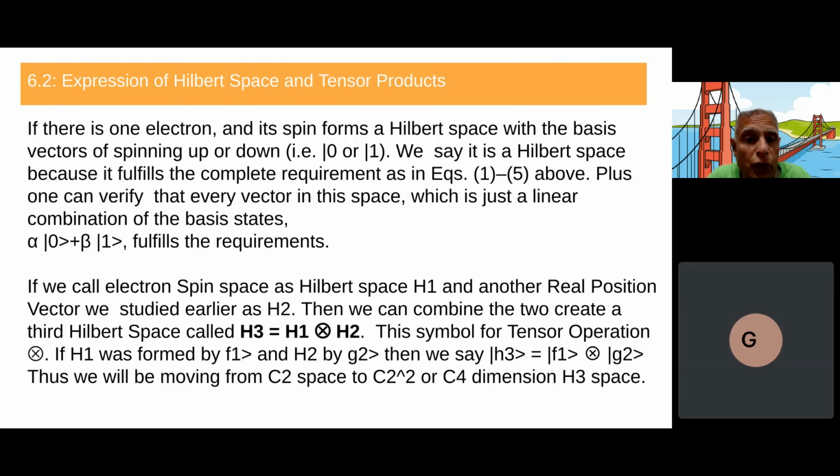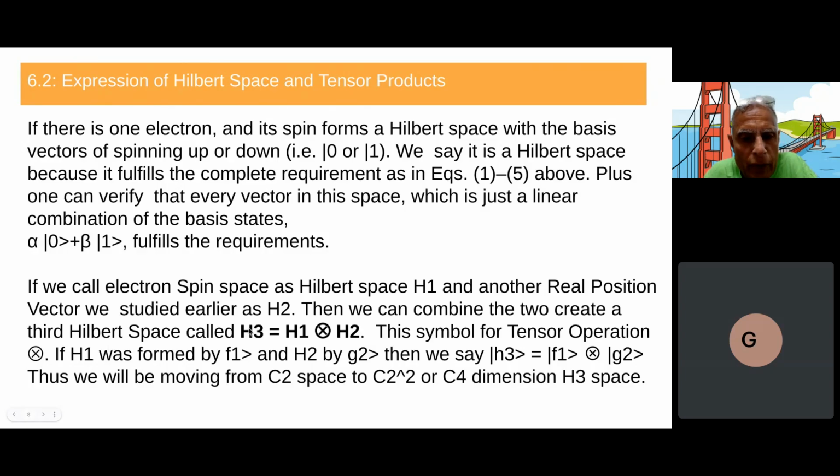If it is a real position vector, which we describe as a position vector XYZ, and we have a Hilbert space H1 representation, and we call the second one H2, we can combine the two to create a third Hilbert space, called H3, which is a tensor product of 1 and 2. Here we have to remember that tensor products are a little bit different from the normal set theory which you use. Just to clarify, first, the X with a circle, as you see here, is called the vector product.